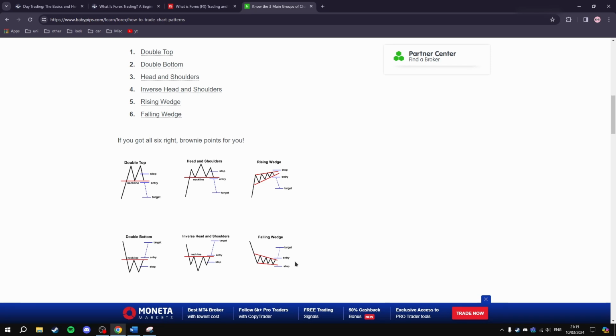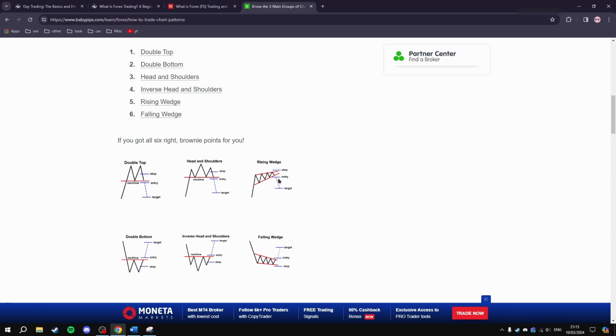Whereas I was on that one, wasn't I? So you place your entry order above the lower highs, place your stop order below the lower lows, and then you set the target level pretty much the same distance as that.